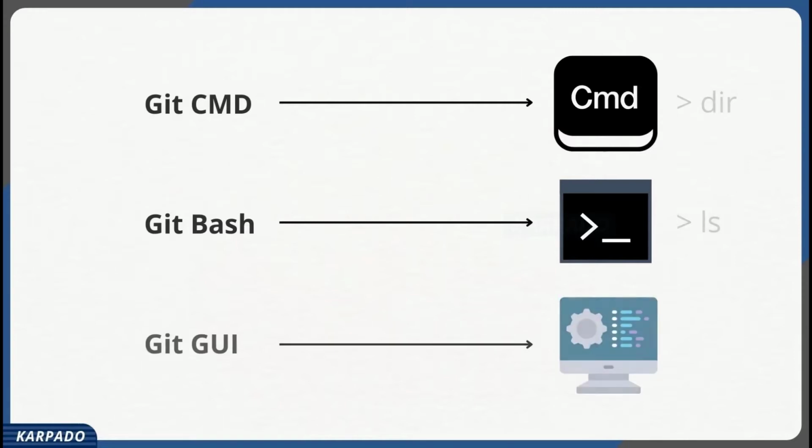The third option we have is Git GUI, or graphical user interface, and as the name suggests, this tool provides a graphical user interface to interact with Git. Now I do have to mention that Git GUI does not support all the features that Git has to offer. We can do more with Git Bash or Git CMD compared to Git GUI. That being said, Git GUI has its own role as well.